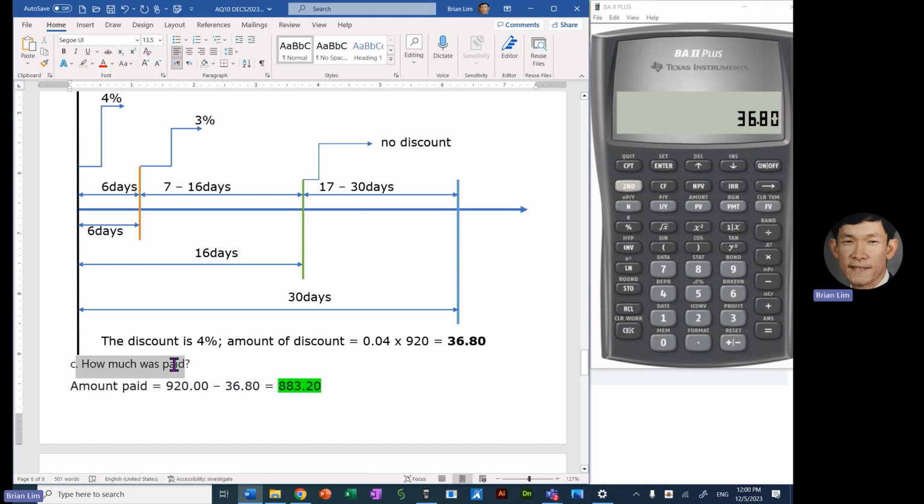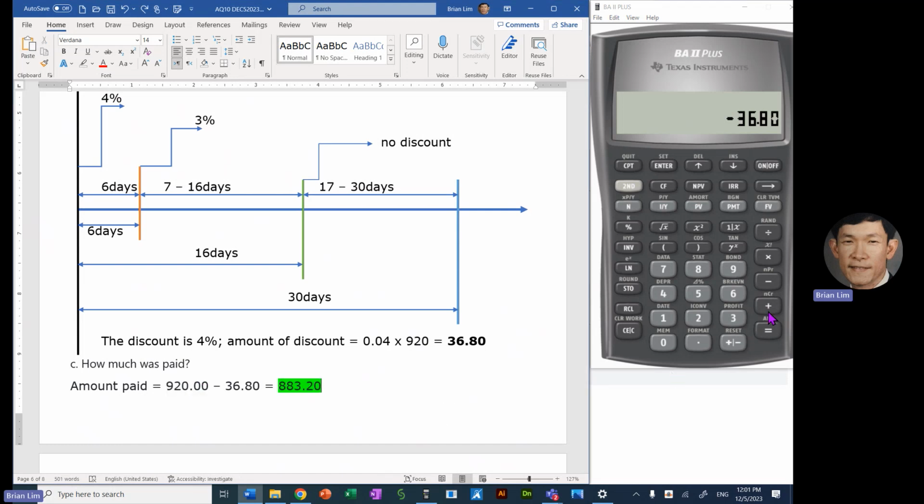Well, you got a discount, so the amount of the invoice was $920 and the discount was $36.80. So if we subtract, sorry about that, we had a little problem there. So 920 minus 36.80. Now, you know by now, if you have that negative in front of the number, we could just make the number negative and then add to the number we're subtracting from.